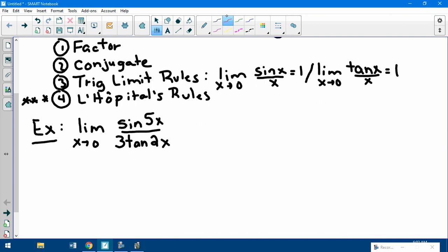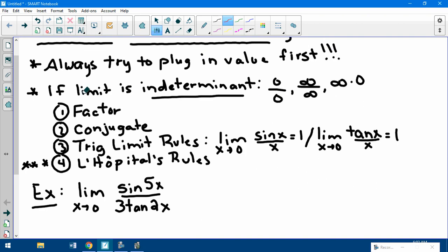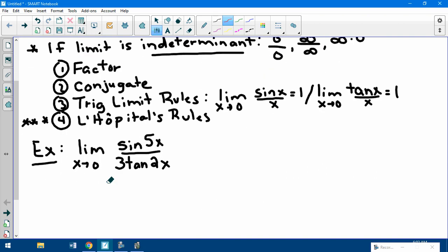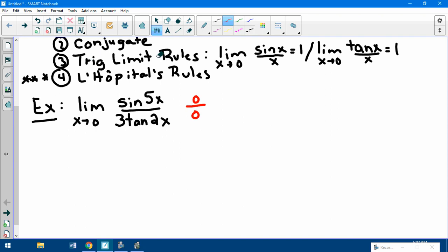Now again, the first step is what I said to do up here. Always try to plug in the value first. So plug in 0. Sine of 0, you should all know by now, is always 0. And on the bottom, tangent of 0 is also 0. So 3 times 0, you're going to get 0 over 0. So it's indeterminate.